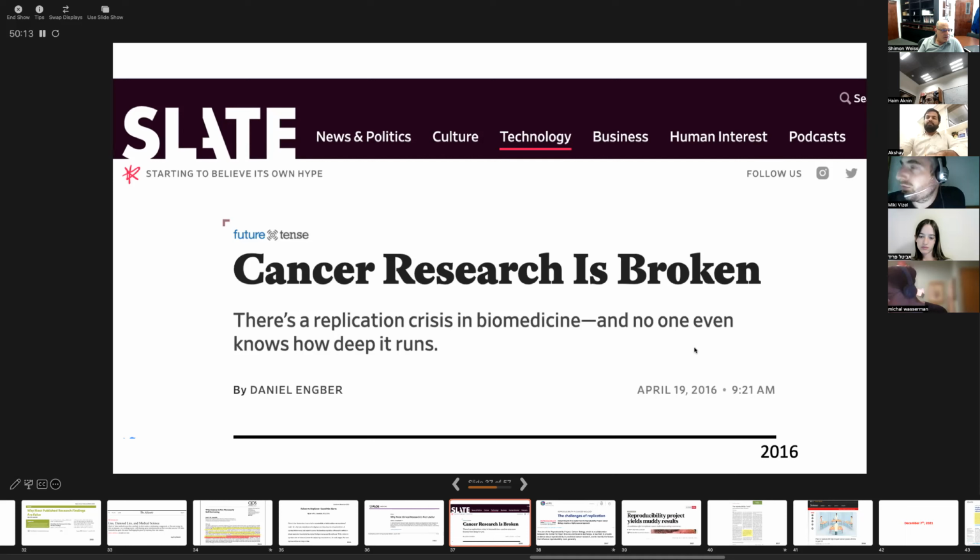And the question is, all these research and billions of dollars that went over the years to do cancer research in this way or that way, if you go to the original papers, can we reproduce them? NIH decided that this is an important enough question, the replication crisis, and they're going to put money towards replicating results.